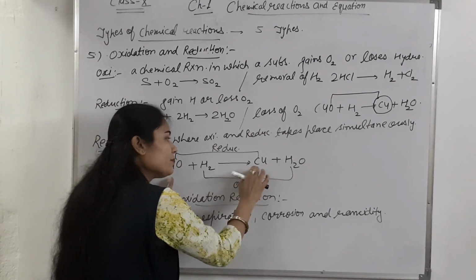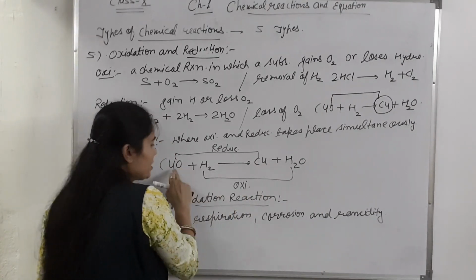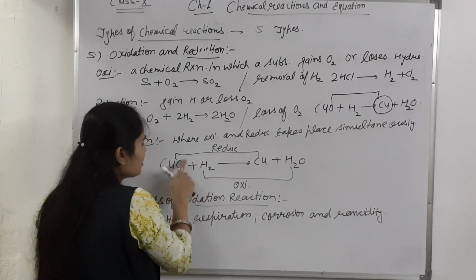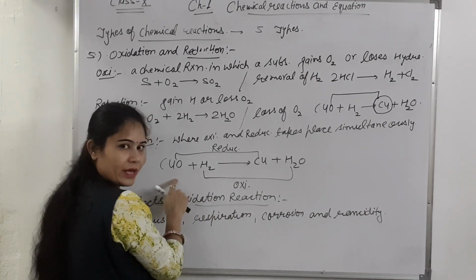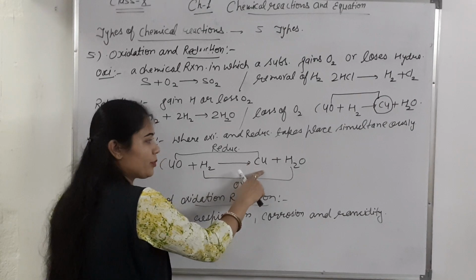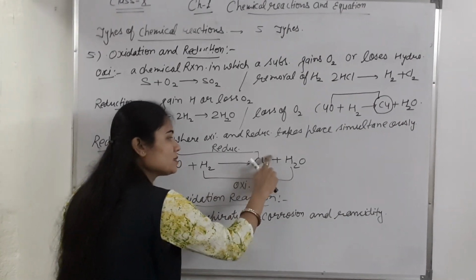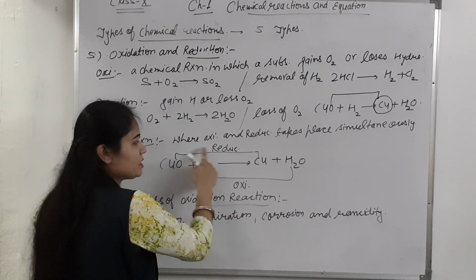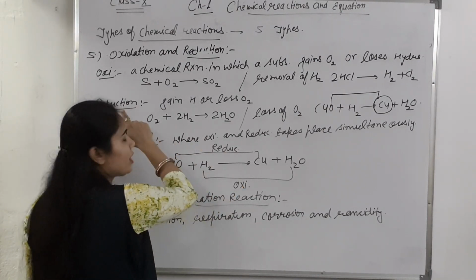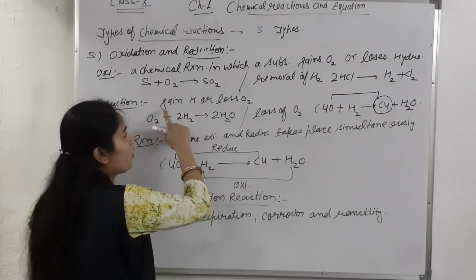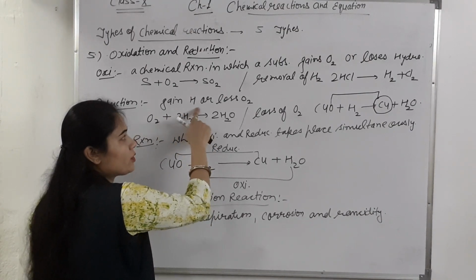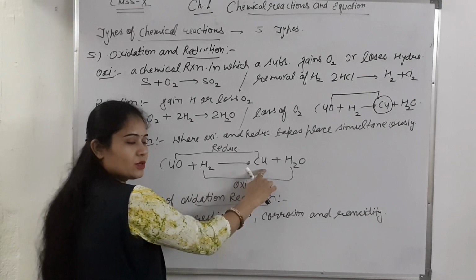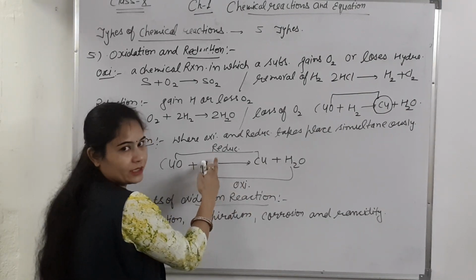This copper gets reduced. This is a reduction process. Clear? Oxygen is attached over here, but finally in the product copper is alone without any oxygen. That means this is a reduction process, and we have already written that reduction is gain of hydrogen or loss of oxygen. So loss of oxygen over here is known as reduction.